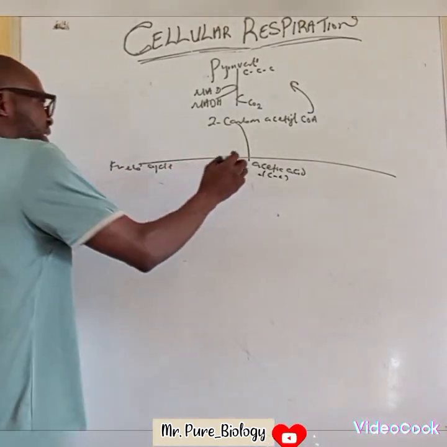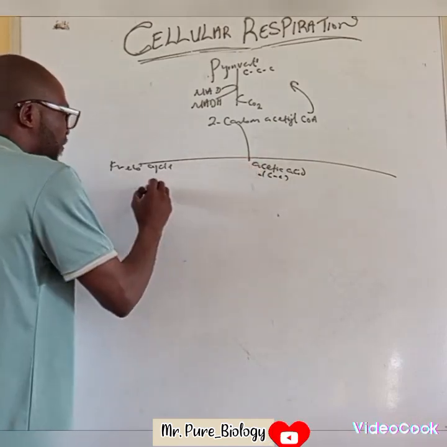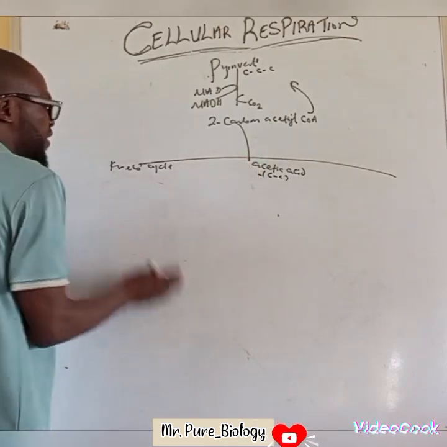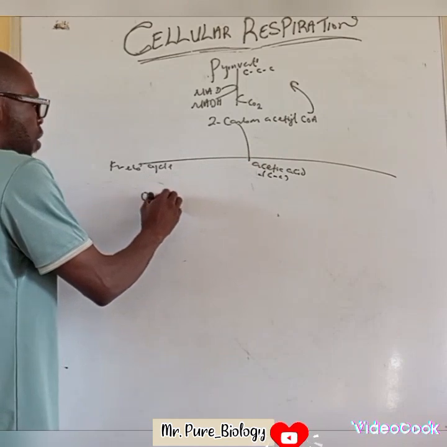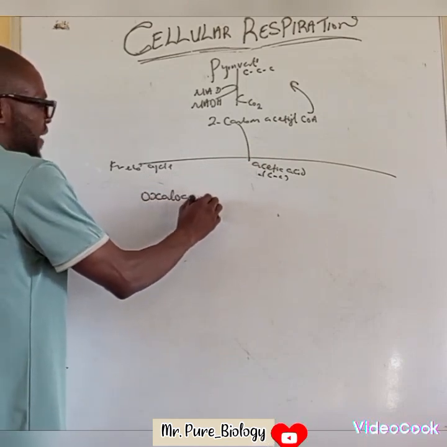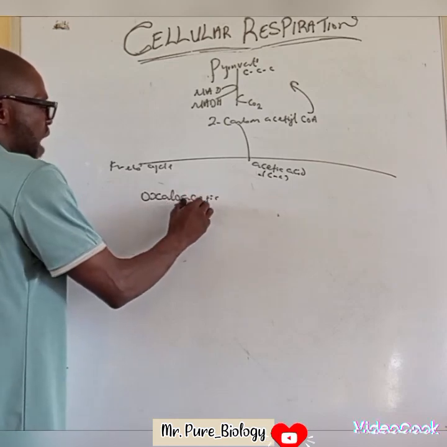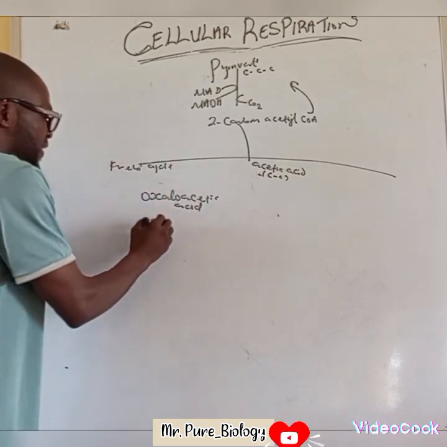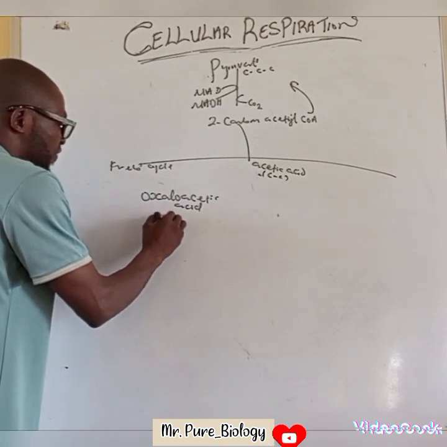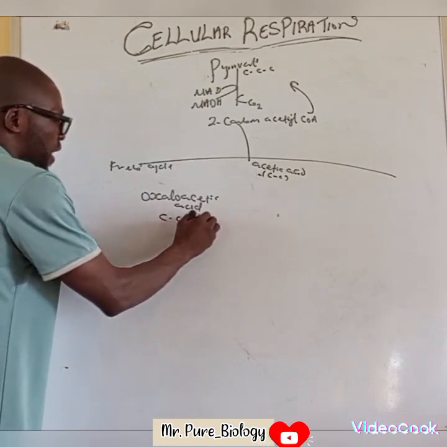From the previous cycle we have 4-carbon oxaloacetic acid.